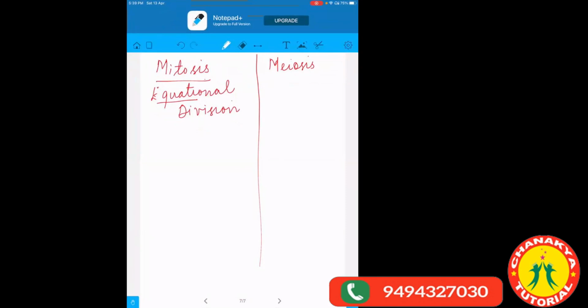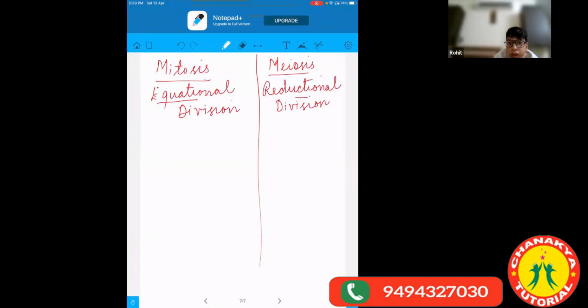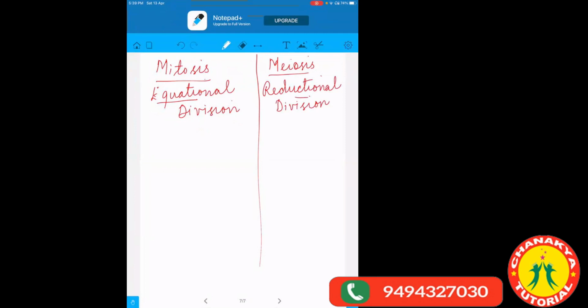What do you mean by equal? Ma'am, equal parts. Okay, fine. And what do you mean by reduction? Ma'am, reduce. Very good. Equal means whatever the numbers are, they remain the same, no changes. Whereas reduction means they will be converted into half.